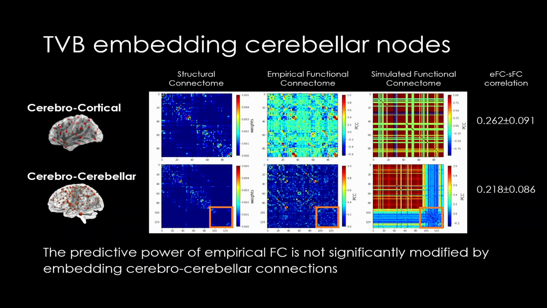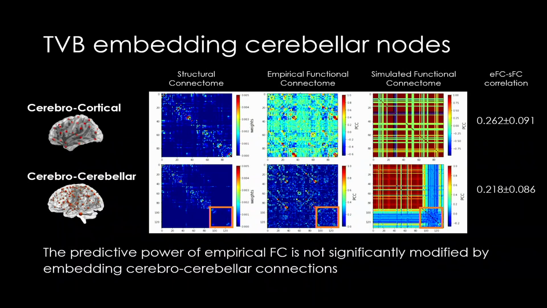What we found is that the final correlation between the simulated and the empirical functional connectivity is not significantly changed when we add the cerebellum. Maybe this means that it's really important to have a good representation of the structural anatomical connectivity of the entire brain.